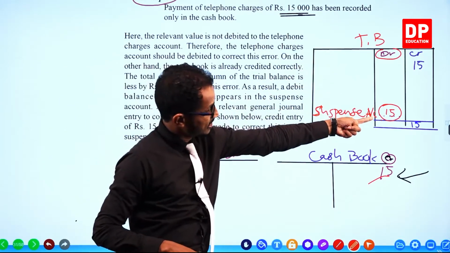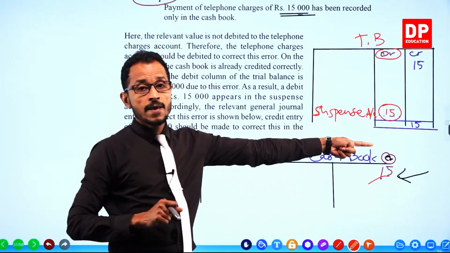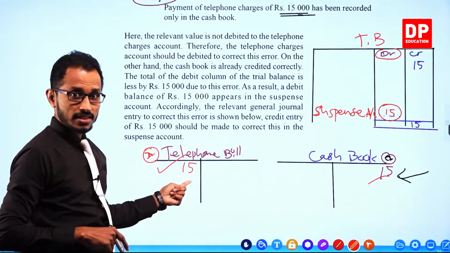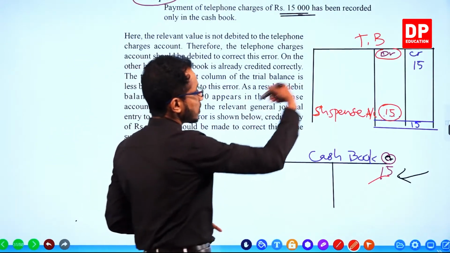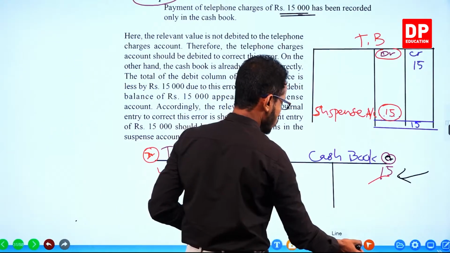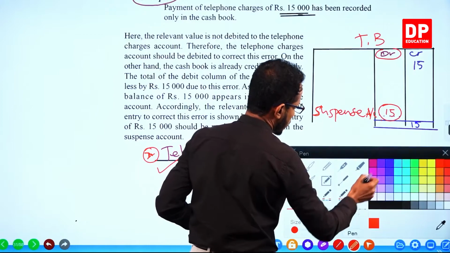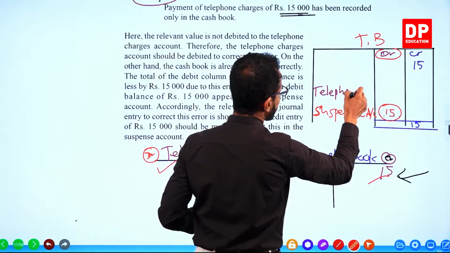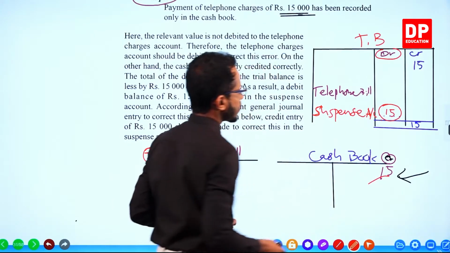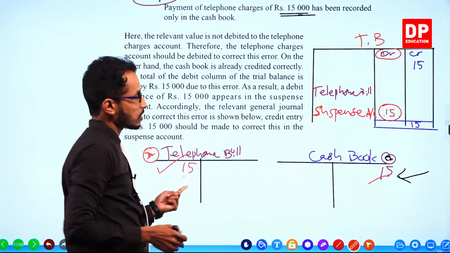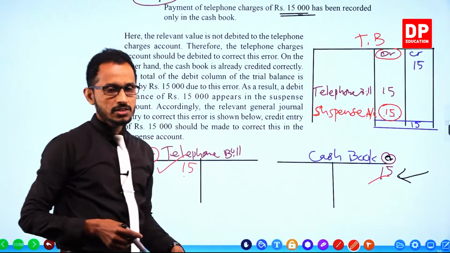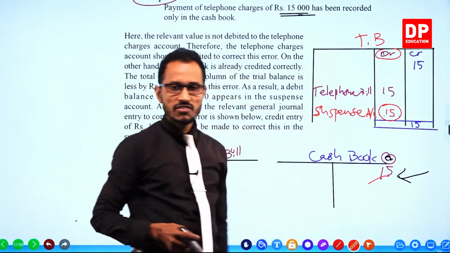This difference is entered in the suspense account. Now it is corrected. So when we enter this in the trial balance, after we correct, we have 15,000 in the debit side of the telephone bill. So we enter that to the trial balance as the telephone bill 15,000.